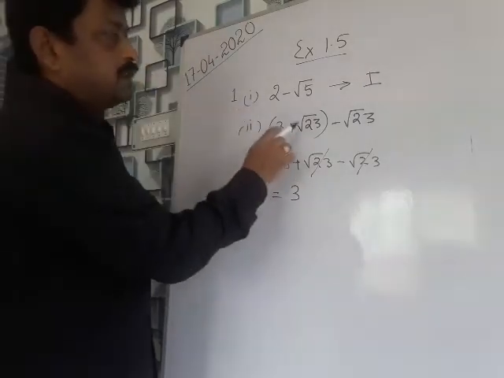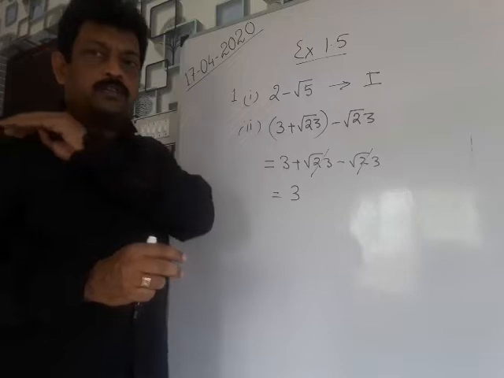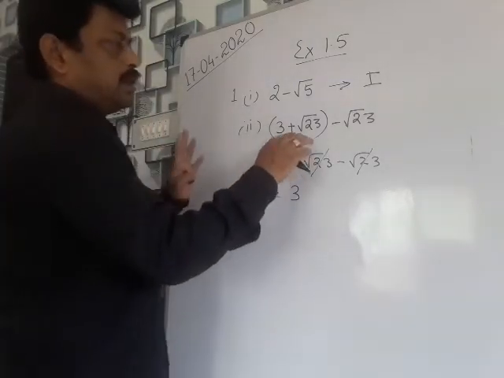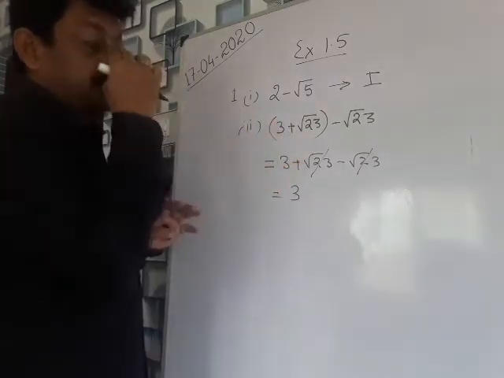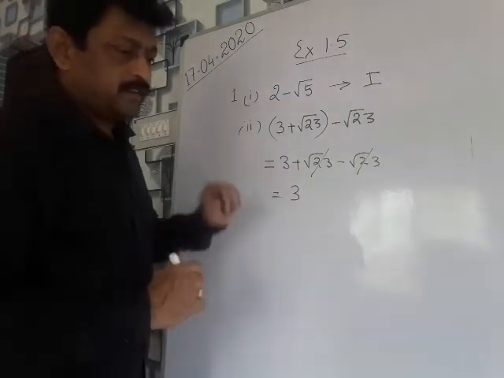So here irrational minus irrational is giving rational. As I have told you in the theory, if both are irrational and if both are subtracted, then the result can be irrational or rational. So here we have got one result as rational.